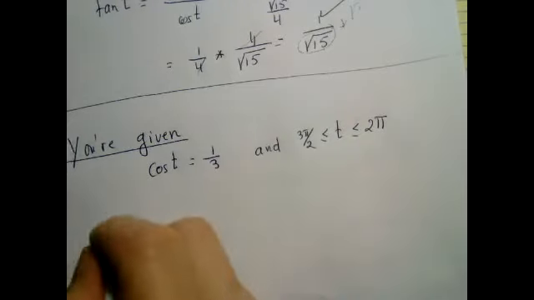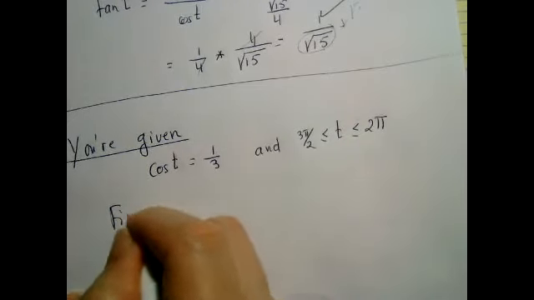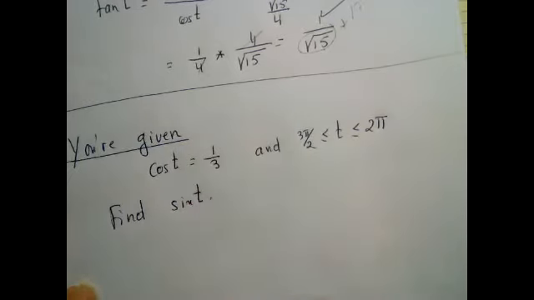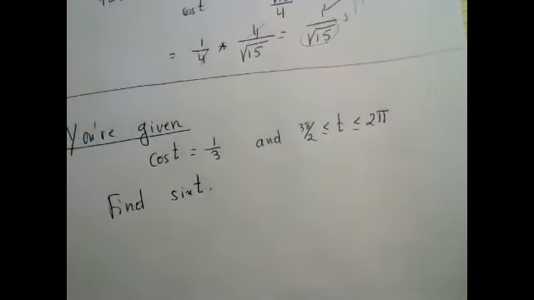Okay, the question is find sine of t. So I'm giving you the cosine, I want you to find the sine without finding the angle, just by using the identity. So you guys have 2 minutes to do it, get going, and then put your answers for me.